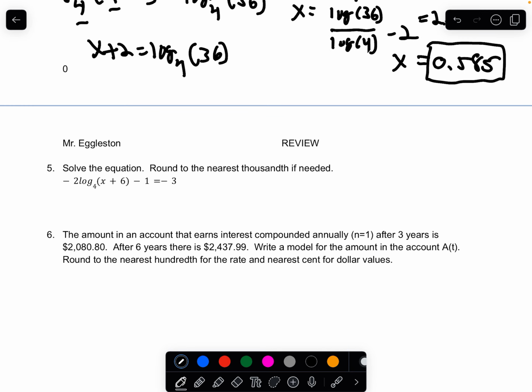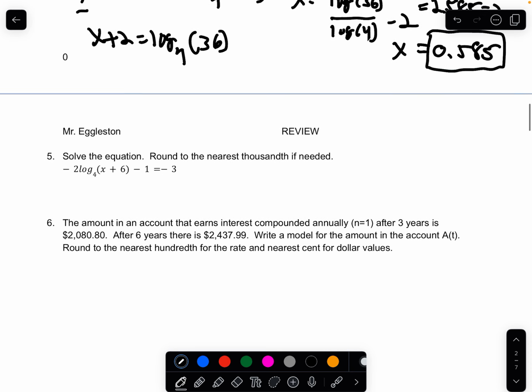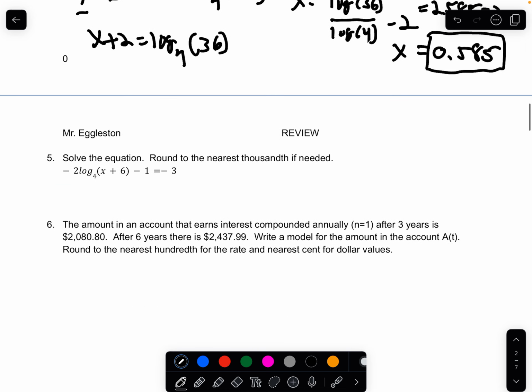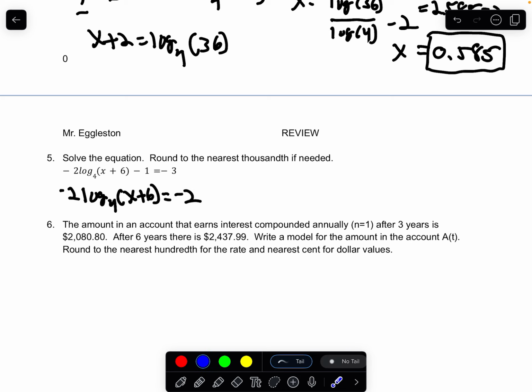Solve the equation. Now this is a log. It's the reverse of number 4. So we have to isolate the logarithm. So we add 1 to both sides. We're trying to get the logarithm, this thing right here, by itself. So we're going to divide by -2.